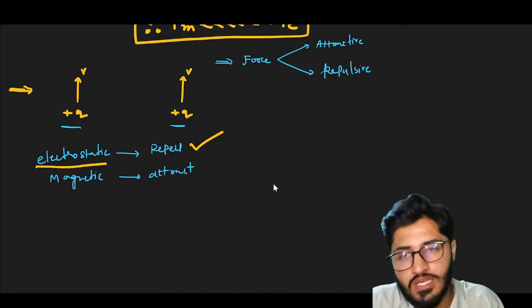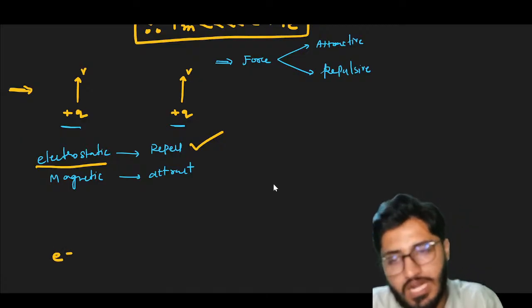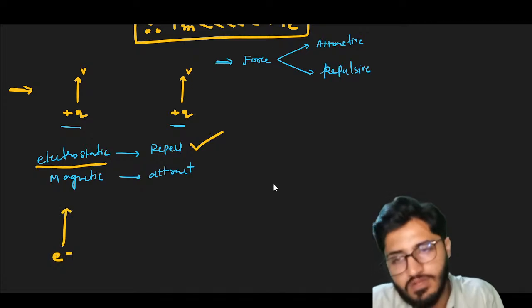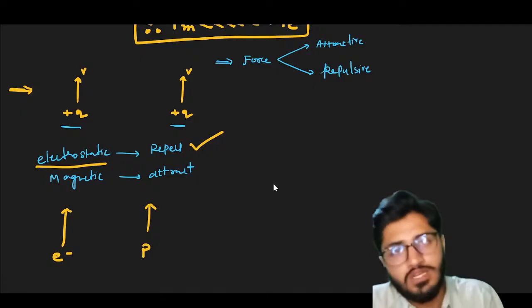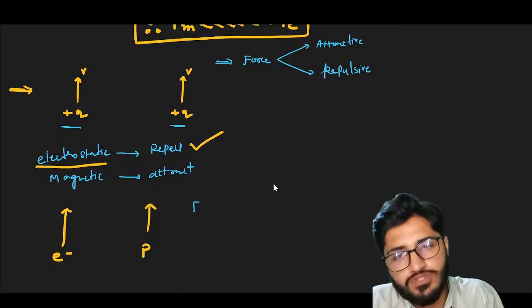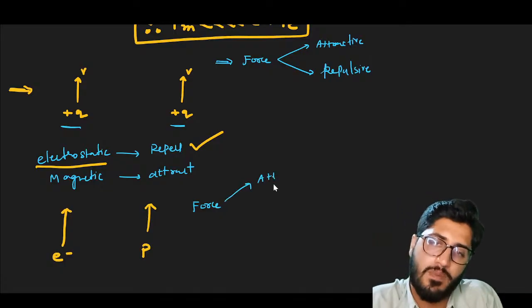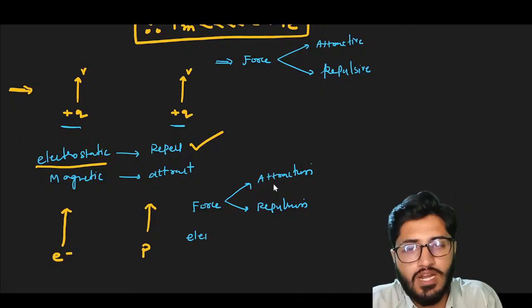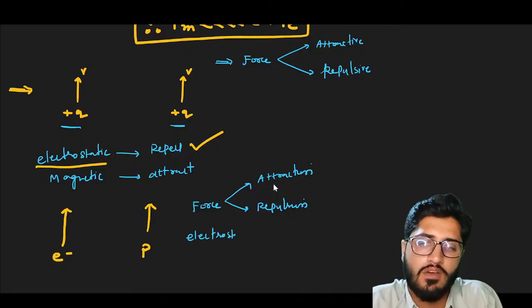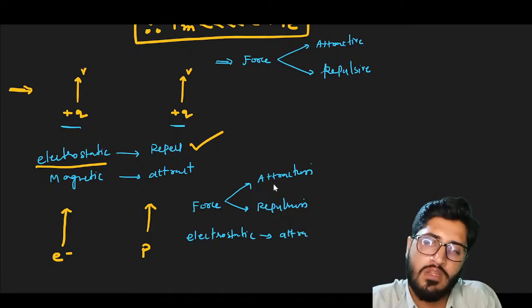One more thing. If an electron is going in this direction and a proton is going in this direction, just tell me, there will be a force. Is this force attraction or repulsion? So what is your answer? Sir, if we are talking about electrostatics, positive and negative will attract.